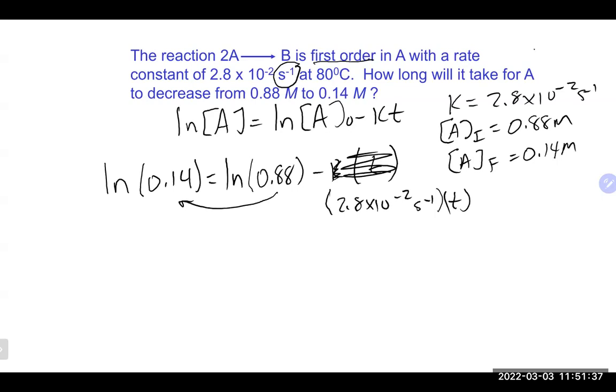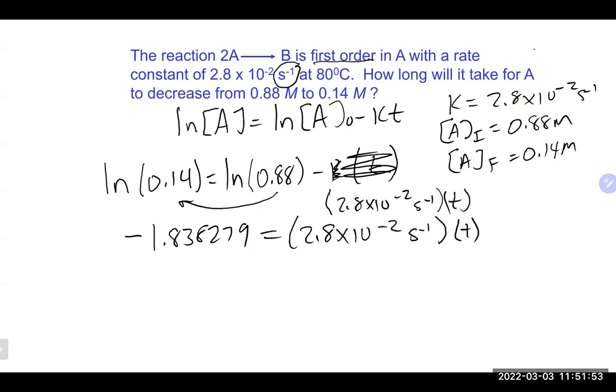And if you do that, you end up with a negative 1.838279 is equal to our 2.8 times 10 to the minus 2 reciprocal seconds times time. Let me make sure I punched that in right. Yes, that's right. And that's negative there.